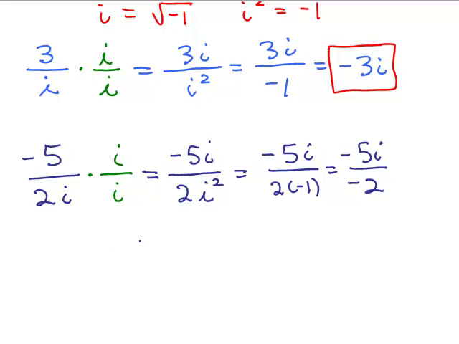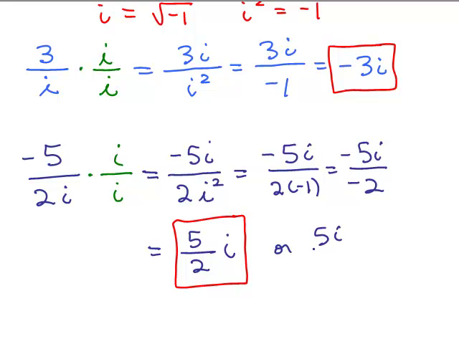So, finally, I'm going to write that as 5 halves i. That looks like bi. Now, it's okay if you want to write it as 5i over 2 as well. This just is sort of in the a plus bi form. The real part's 0, so you don't see the 0.